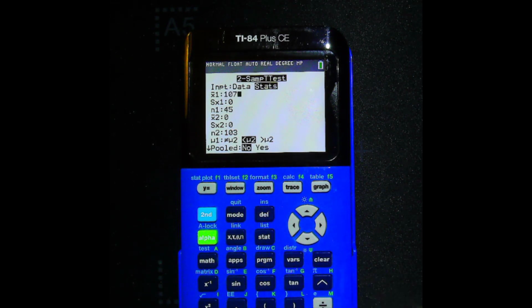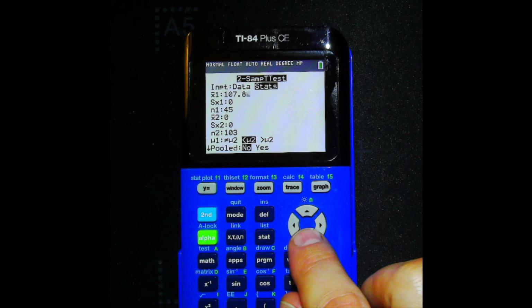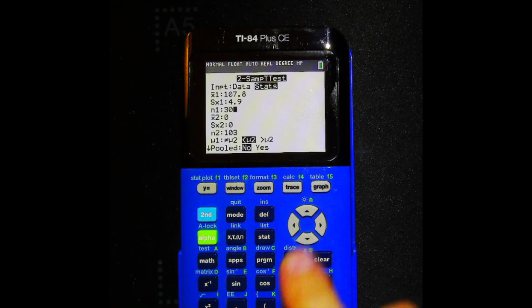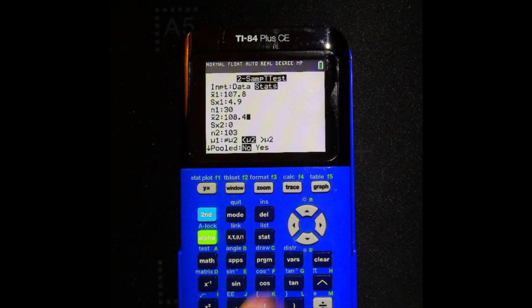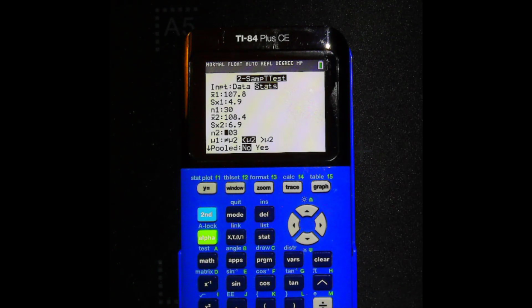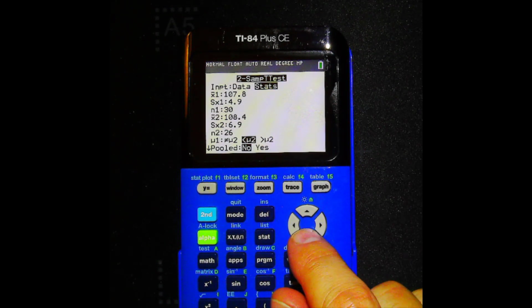X1 is 107.8, where the standard deviation for the first sample was 4.9. Sample size was 30. X2, the second mean, was 108.4. Standard deviation there was 6.9, and the number there was 26.